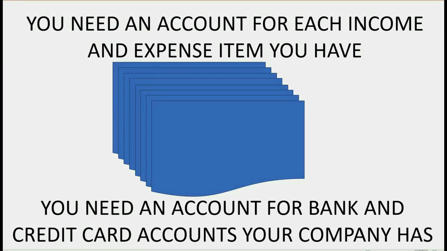And because the bank and credit card companies are also keeping records of your account, you should also have a separate page or a separate account in the chart of accounts for each bank type of account you have and each credit card you have. This way you can record those transactions on separate files in separate areas so that you could find the total and always know the running balance.